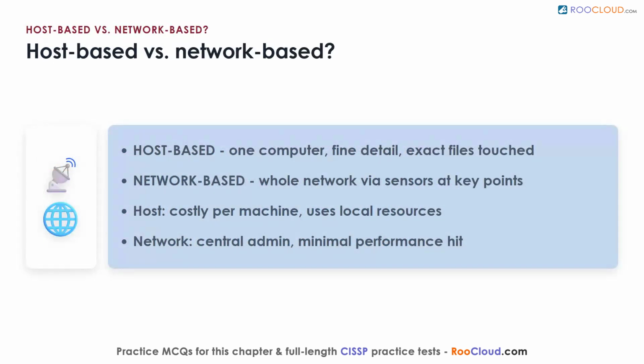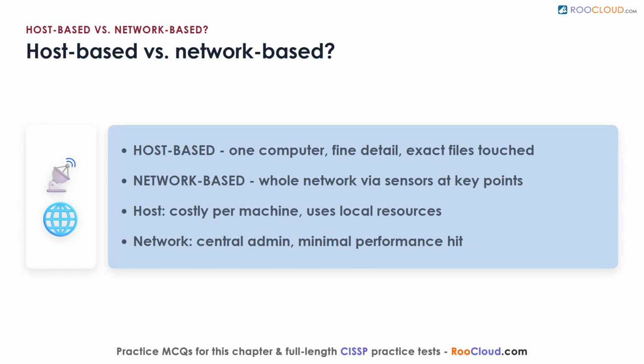What separates a host-based from a network-based system? It comes down to what each one watches. A host-based system monitors a single computer, inspecting its processes and its system, application, and firewall logs. It can see fine detail, even pinpointing the exact files an attacker touched, and it can catch a remote takeover of that host.